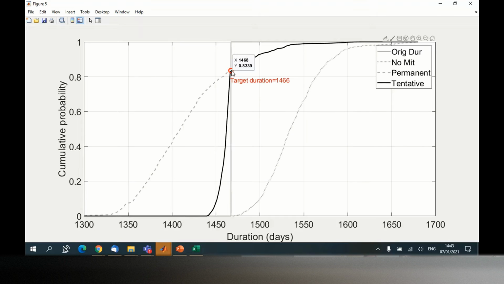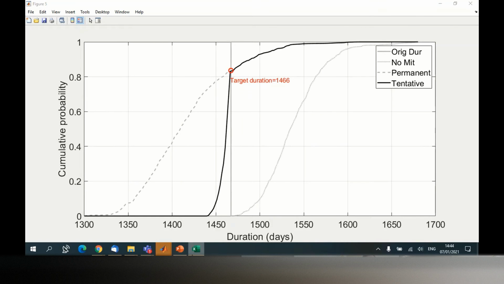Now I have a probability of 83% to finish my project at this duration. And that's because of the mitigation measures, right? And we have the third curve, which we present here only for comparison. This curve is the case when you apply all the mitigation measures.